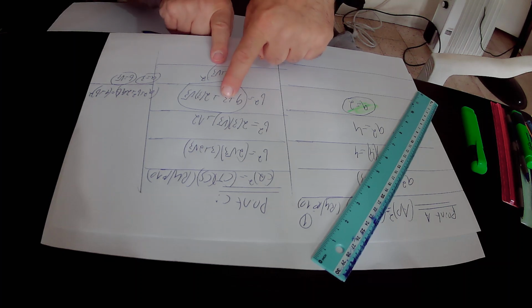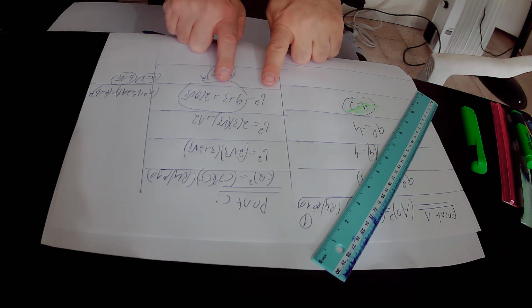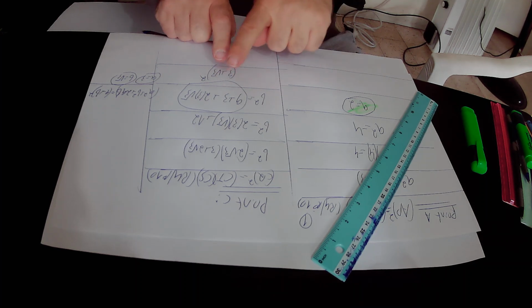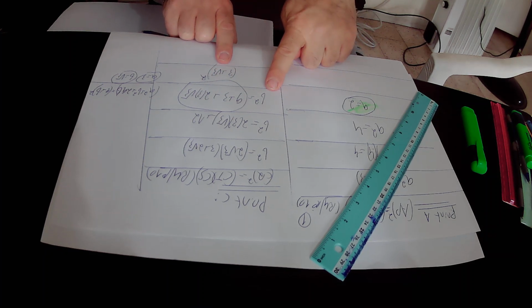So those two expressions are equivalent, or they are equal to each other, according to this algebraic identity. But those two expressions are also equal to each other, and those two expressions are also equal to each other. Therefore, those two expressions must also be equal to each other.